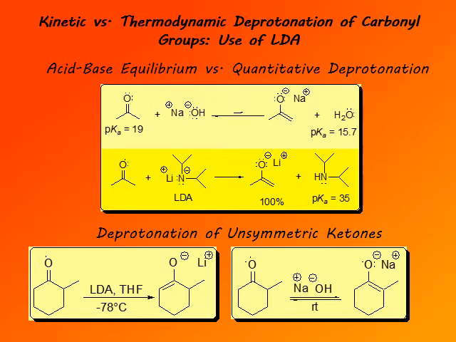And so, since deprotonation is quantitative, equilibrium is to the right. So a reaction occurs under kinetic conditions, and all of the carbonyl compound is converted to corresponding enolate anion, in this case lithium enolate. And that's simply because we are using such a strong base, LDA. You can see its conjugate acid, diisopropyl amine, has pKa of 35.